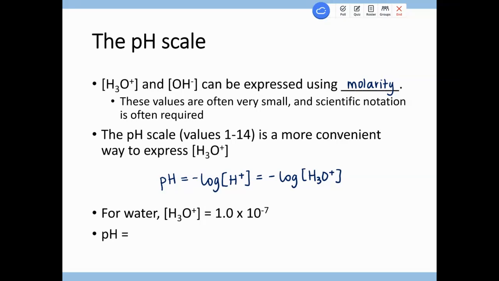If you take the log of 1 times 10 to this exponent, the log essentially removes the 10. If you just took the log of this number, you'd get negative 7. But we take the negative log, which makes the value positive 7. So pH for neutral water, where H3O plus concentration is 1 times 10 to the negative 7, we would take negative log of 1.0 times 10 to the negative 7. If you plug that into your calculator, you will get the value 7.